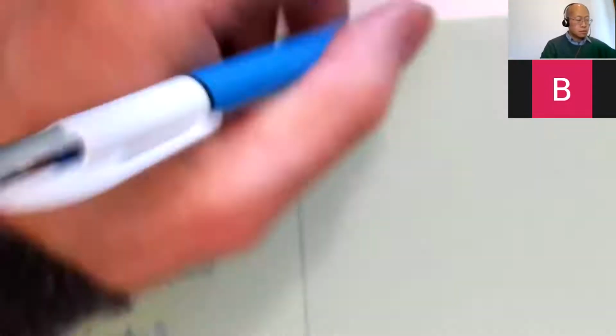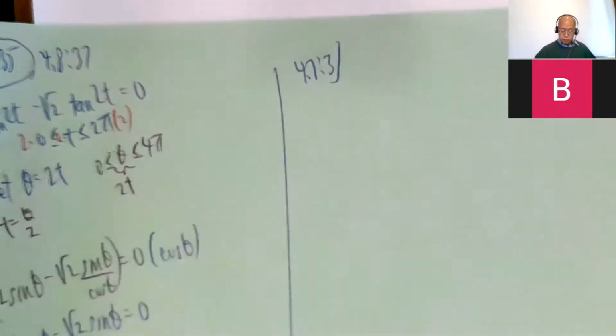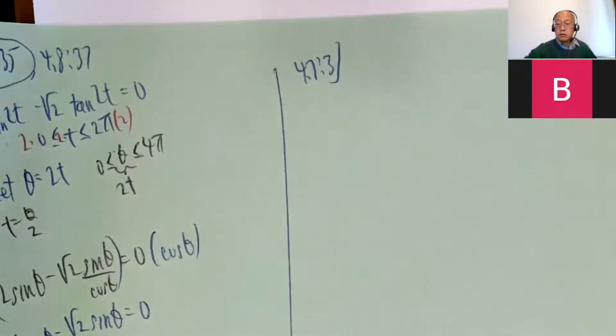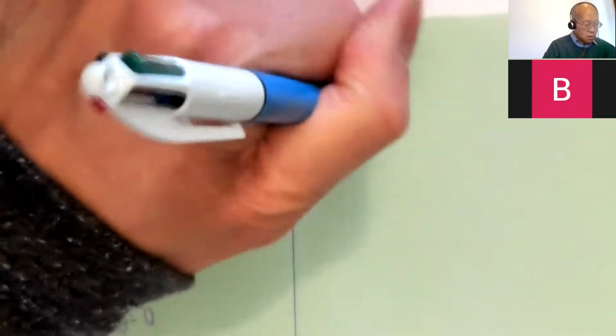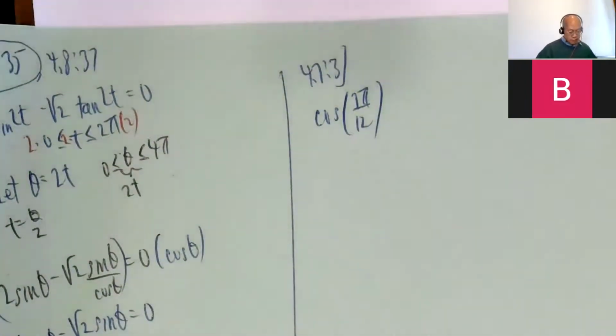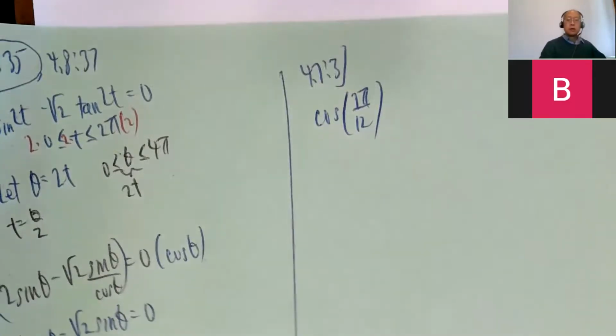4.7, number 3. Cosine of 7 pi over 12. Use a sum or difference.